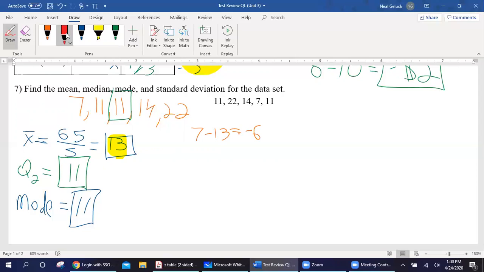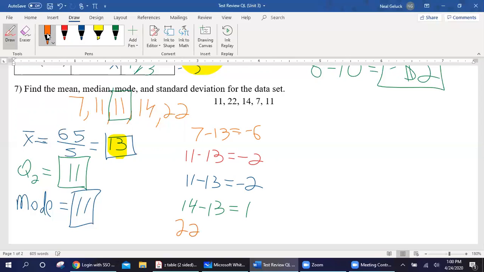So if you remember, that is take each value, subtract the mean, so 7 minus 13, 11 minus 13, another 11 minus 13, 14 minus 13, and finally 22 minus 13. The next step was to square each one of these.